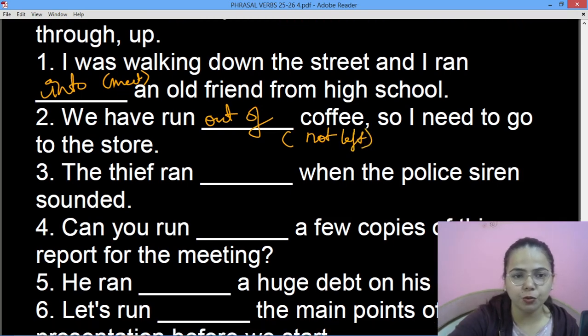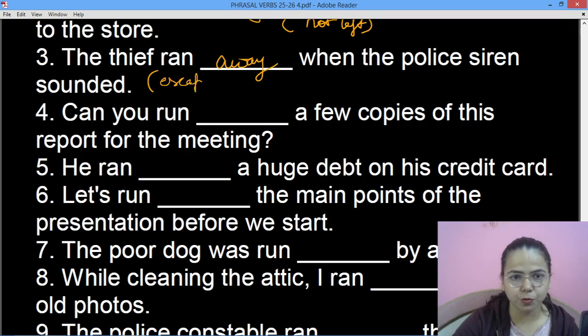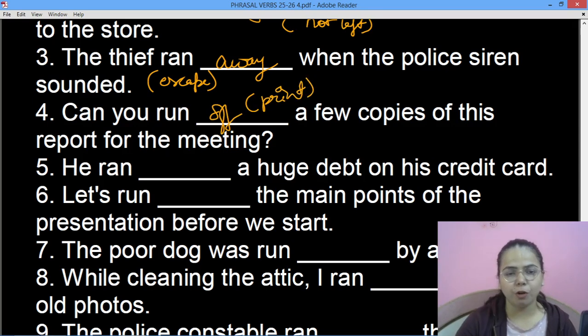So I need to go to the store. The thief ran away when the police siren sounded means to escape. When he heard it, he ran away. Can you run off means to print a few copies of the report for the meeting.